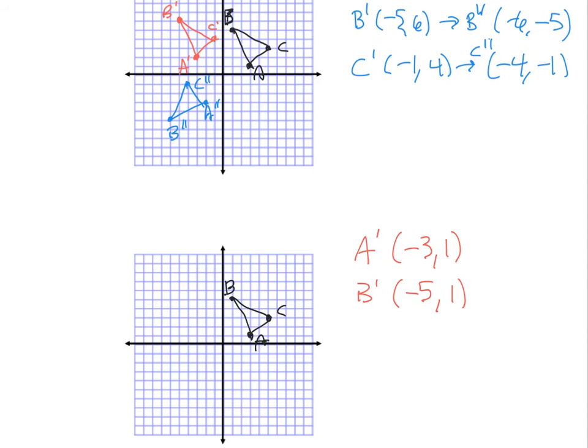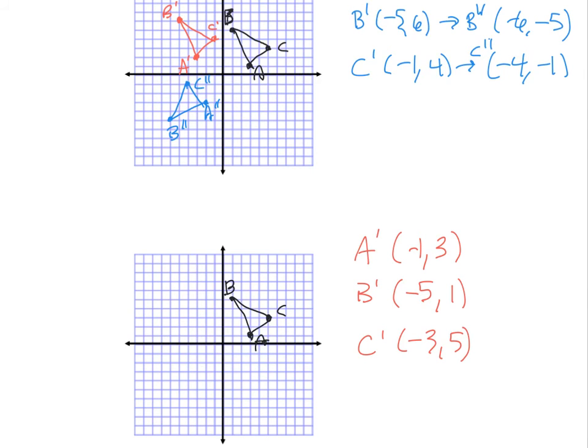I didn't switch those on my first coordinate. Let's fix that. Okay, so that was at 3, 1, so it would be negative 1, 3. And then C prime, okay, point C is at 5, 3, so negative 3, 5.